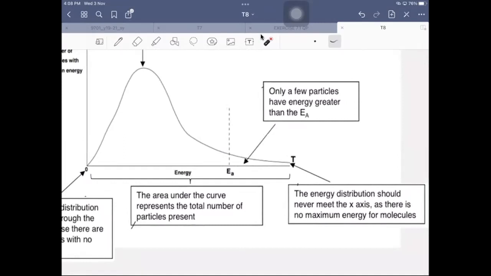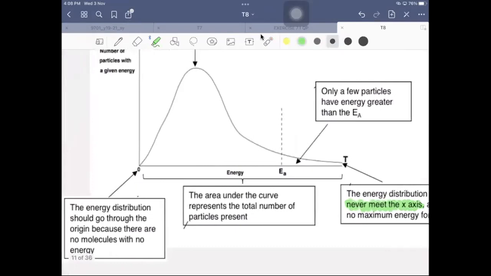They can travel really, really fast, in theory at the speed of light. So just draw it as a tail. It tails off, but never touches the x-axis. And then another thing is that it goes through the origin.